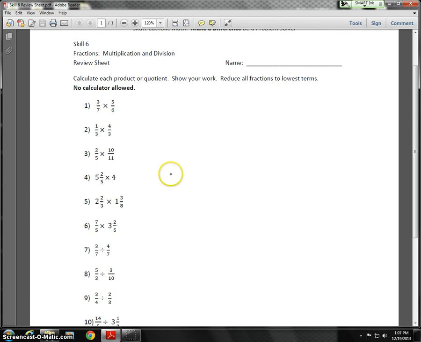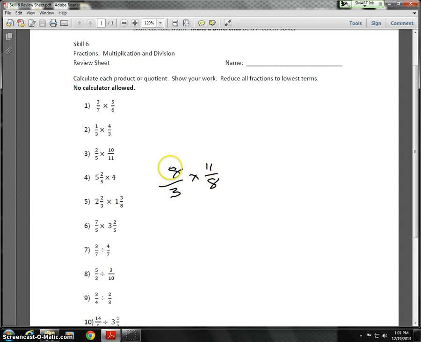Let's take a look at number 5 here. 2 2/3 times 1 3/8. So 2 2/3 is 3 times 2 is 6, plus 2 is 8. Change it to its improper form. Times 8 times 1 is 8, so we end up with 11/8. Now here we look at the numerators, look at the denominators.